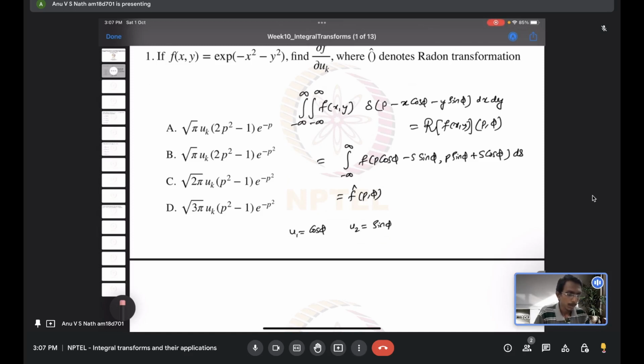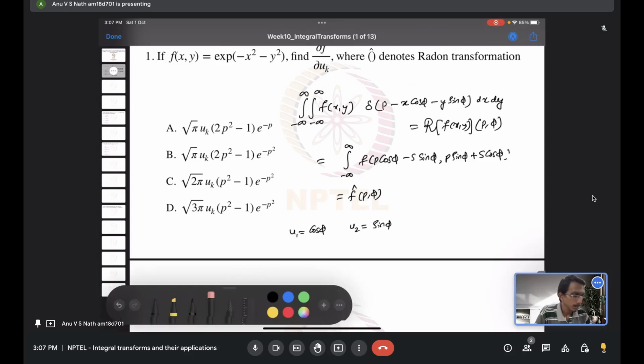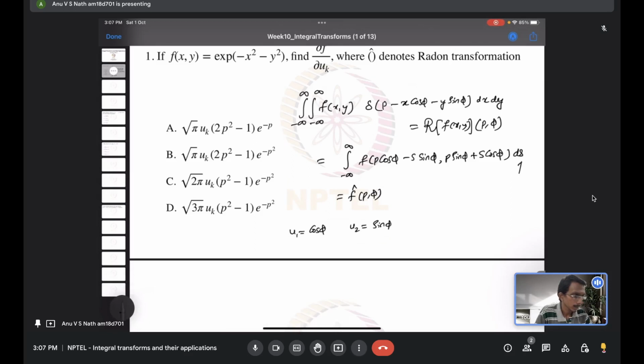Here we are in 2 dimensions, so we are projecting onto a line. Along the line we measure the distance using the variable s, which is why we are integrating over it. We are projecting it and seeing how the projection looks. That's basically what the Radon transformation is.